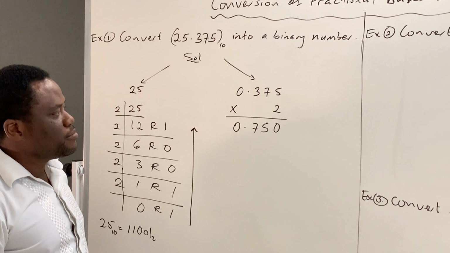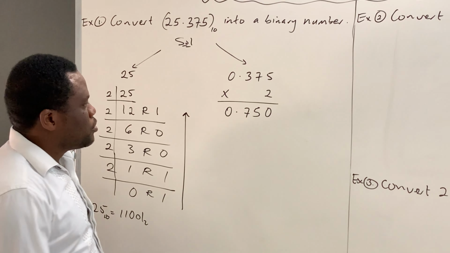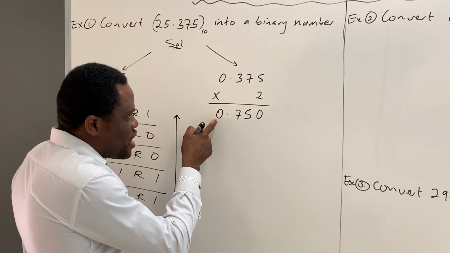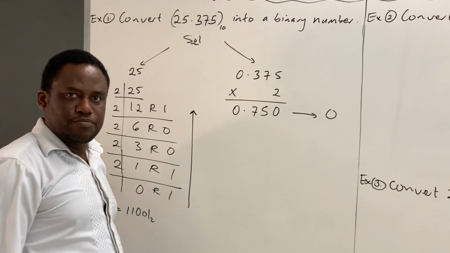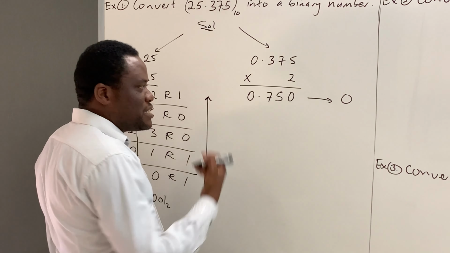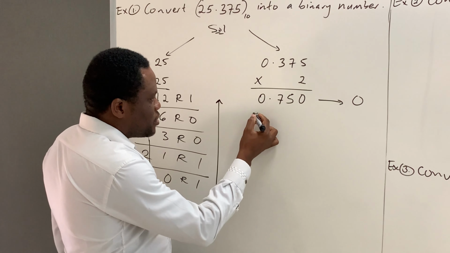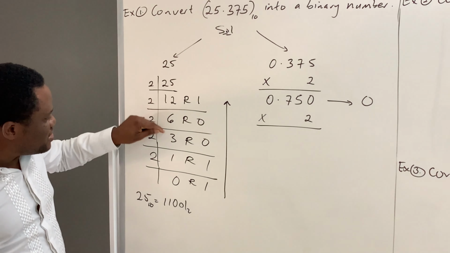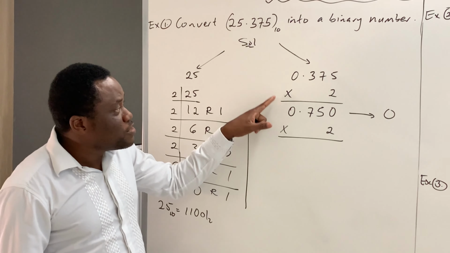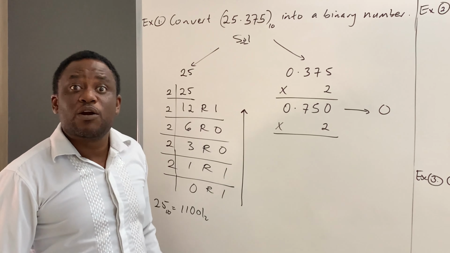If nothing is remaining, what do we do? Is 0 here? We write it out. Write out is still the same thing as left. So again, multiply by 2. Our aim for the whole number is we divide until we get 0, right? Our aim here is to multiply until we get 0.